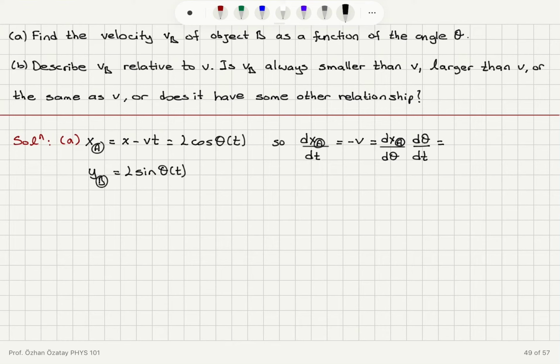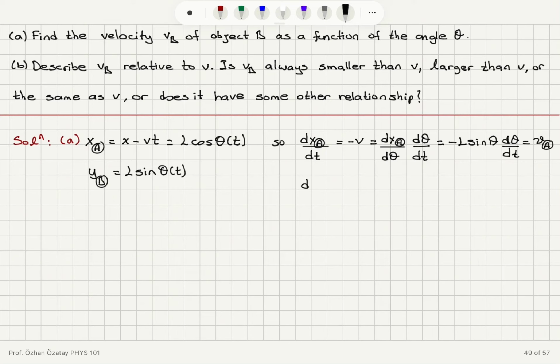It's a function of a function. Okay, so cosine theta has a derivative minus sine theta, so this will be minus L sine theta times d theta/dt. So this is the velocity of A.